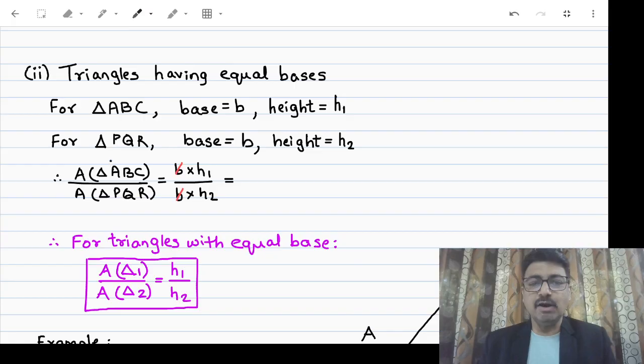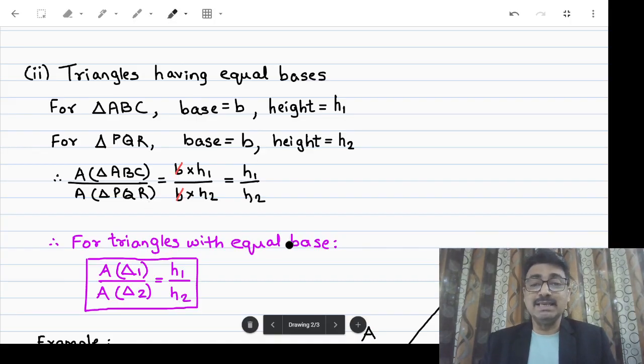So now the area of triangle ABC upon the area of triangle PQR will be simply height 1 upon height 2. We get our next rule, which says for triangles having equal bases, the ratio of their areas is equal to the ratio of their heights, right?